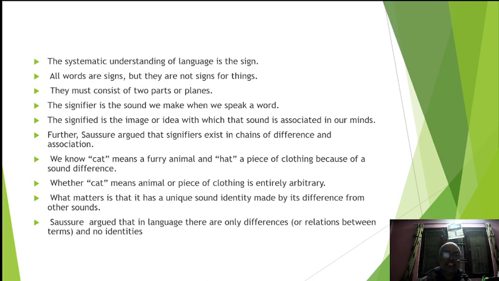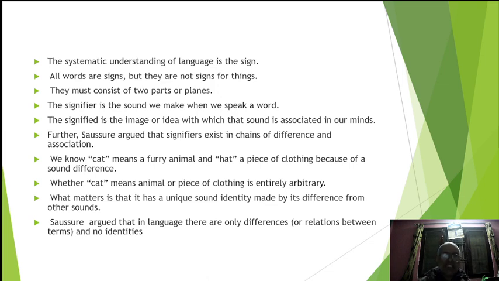The signifier is the sound we make when we speak a word. The signified is the image or idea with which that sound is associated in our minds. Further, Saussure argued that signifiers exist in chains of difference and association. We know cat means a pet animal and hat a piece of clothing because of sound differences.